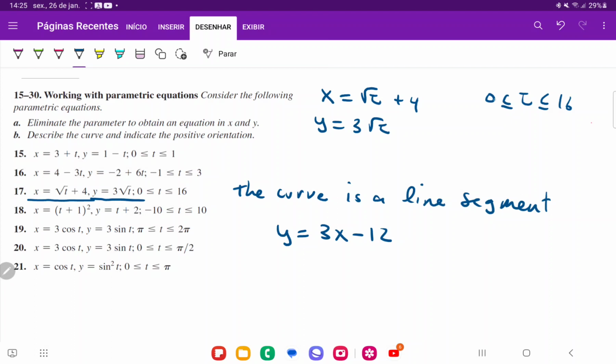So the boundaries of t, it begins at 0, right? So let's see what is the output of x and y whenever t is equal to 0. So we're going to plug in t is equal to 0 into the x and the y equation. So whenever t is equal to 0, we have that x is going to be equal to the square root of 0 plus 4, so x is equal to 4, and y is going to be equal to 3 times root 0, so y is equal to 0.